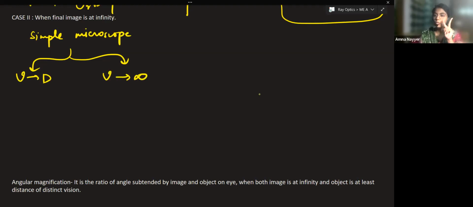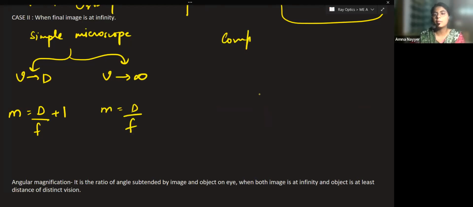Like this, you have to revise. For this case, magnification will always remain beta by alpha. That is the definition. But the final answer is d by f plus 1. All right. For this, magnification is only d by f. Then you have the compound microscope.